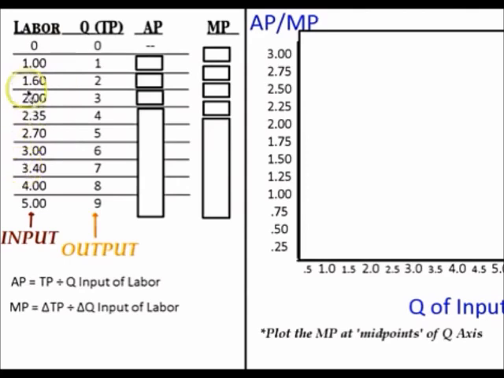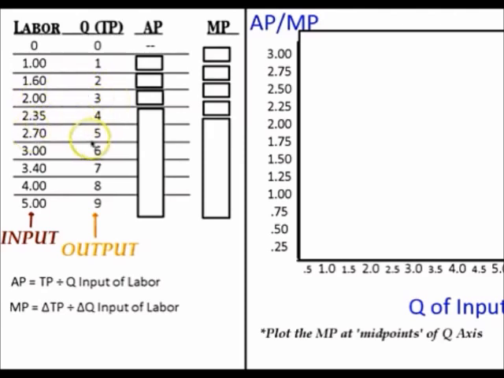Why don't we assume number of hours, labor hours being utilized. Total product, this is our output level. So 1 hour of labor can produce 1 unit of output. 1.6 can produce 2 units of output. 2 labor can produce 3 units of output, and so on.